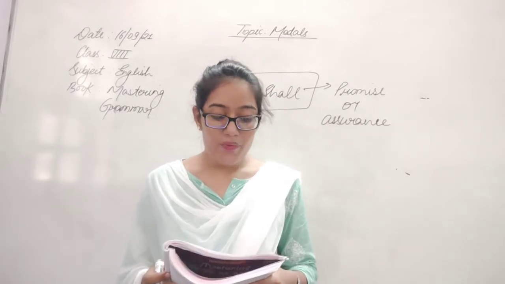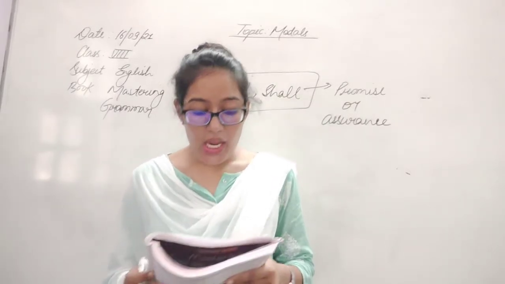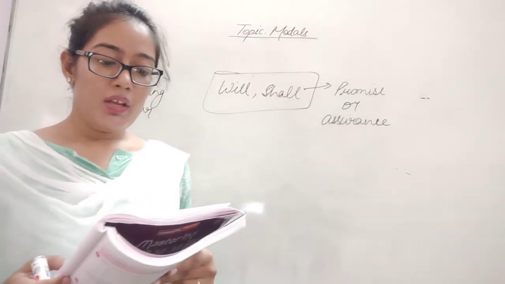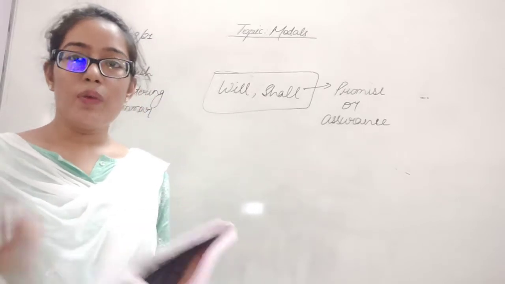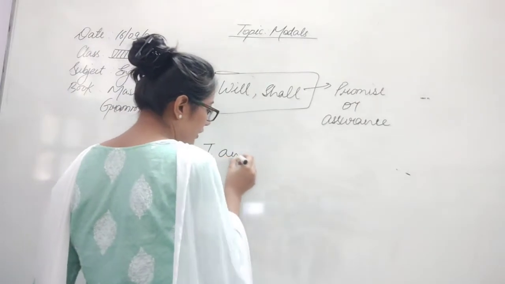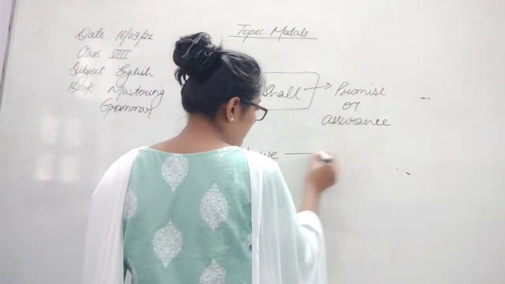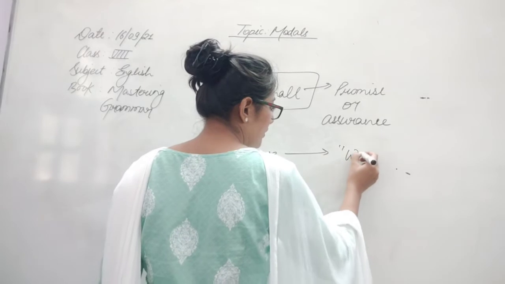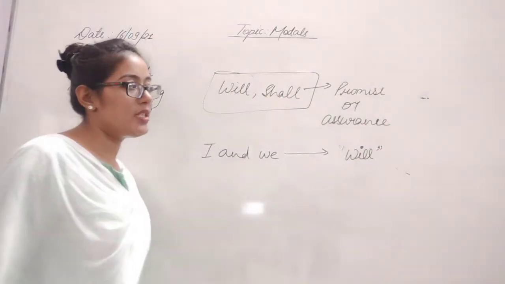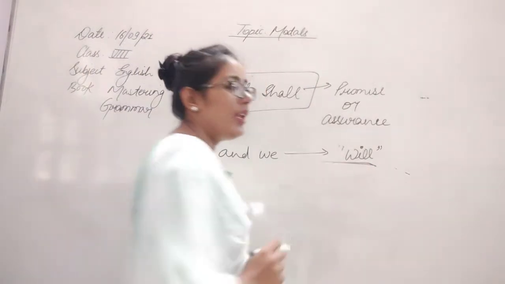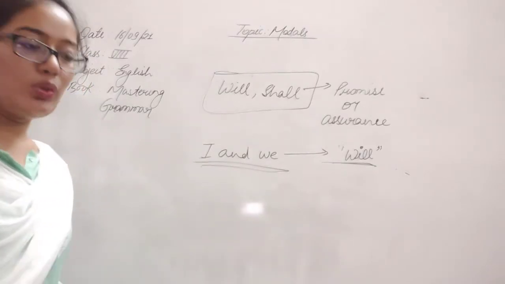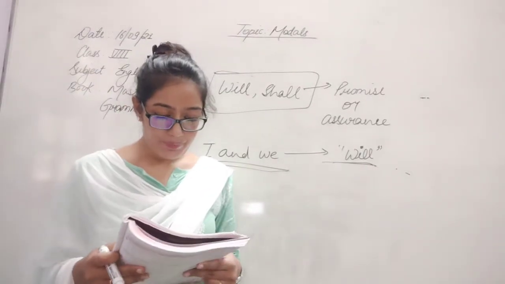Will with I and we, and shall with other subjects suggest promise. So with will we use I and we. When we are making a sentence with will, then we use I and we.